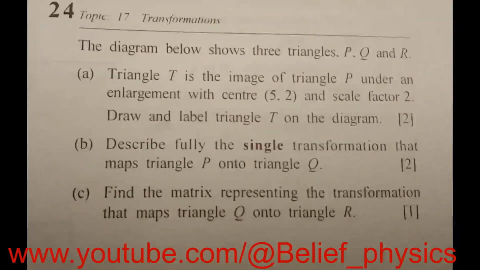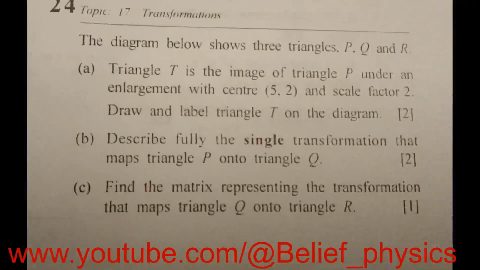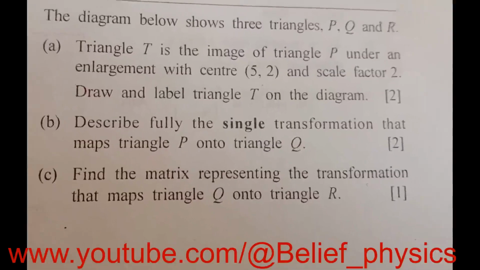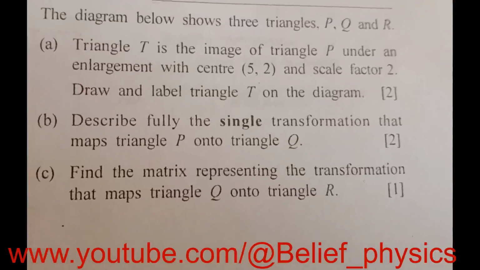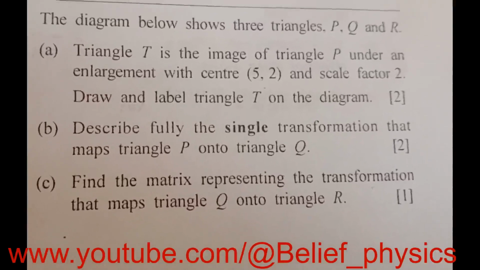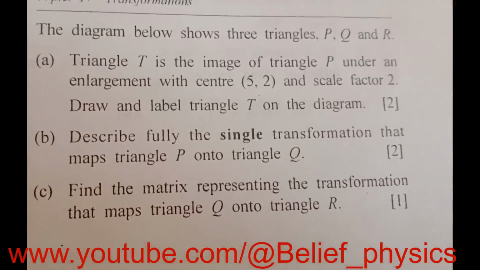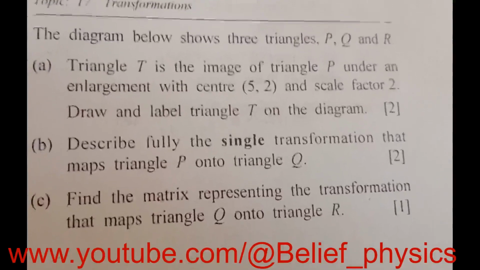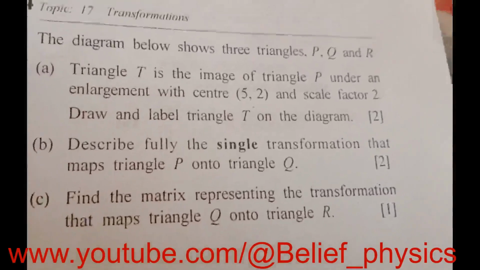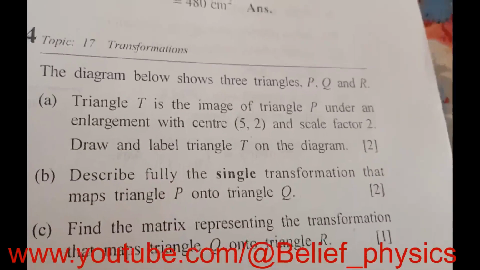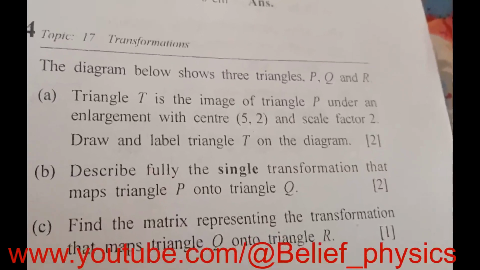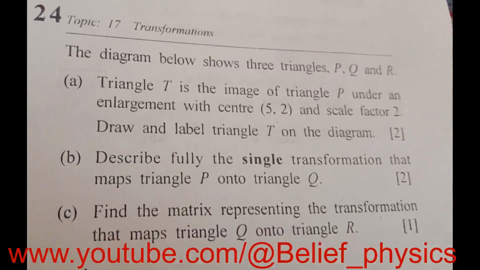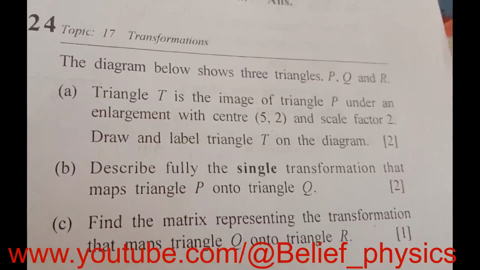The diagram below shows three triangles P, Q and R. Triangle T is the image of triangle P under an enlargement with center 5, 2 and scale factor 2. P is object and T is image under an enlargement with scale factor 2 and center of enlargement 5, 2.